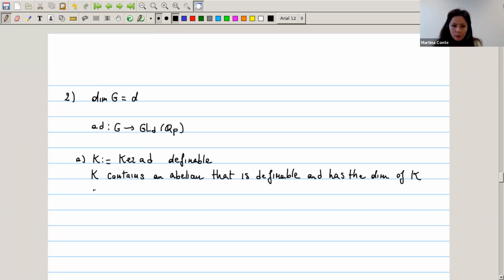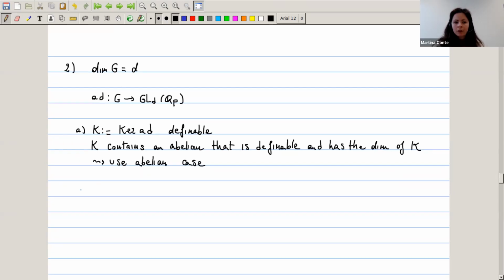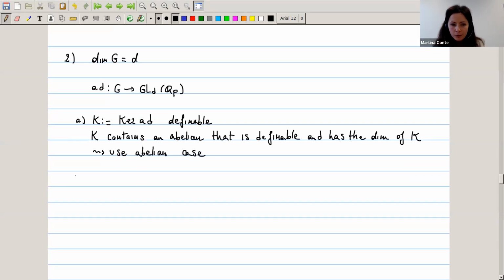So now we can just use the abelian case and recover the dimension of this subgroup that is also the dimension of K. And so we are done for this part.